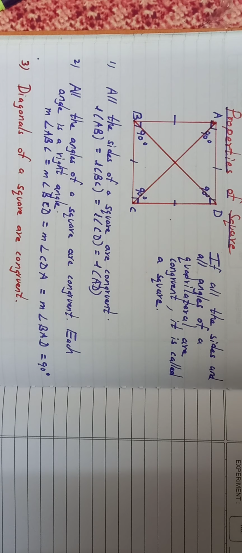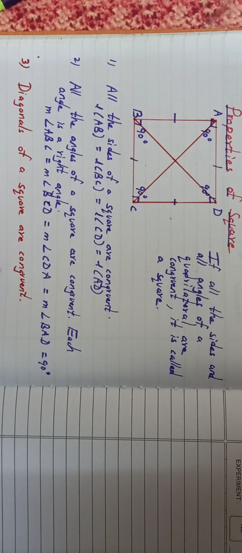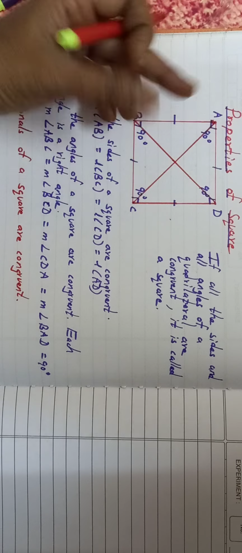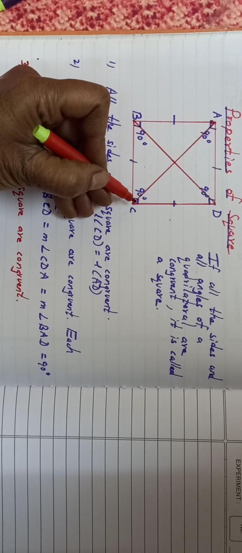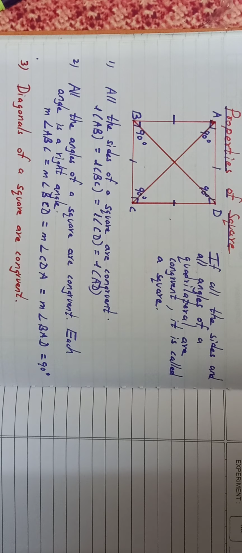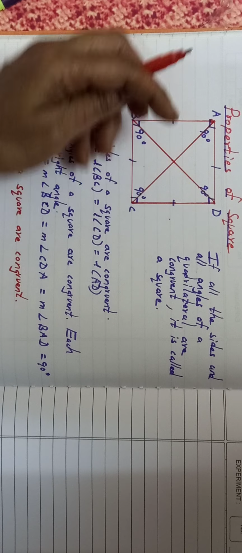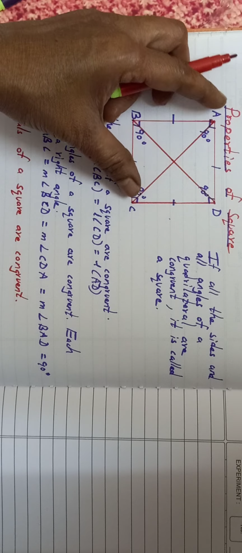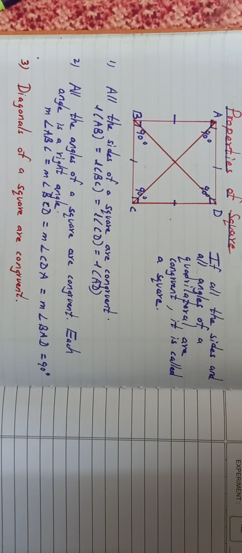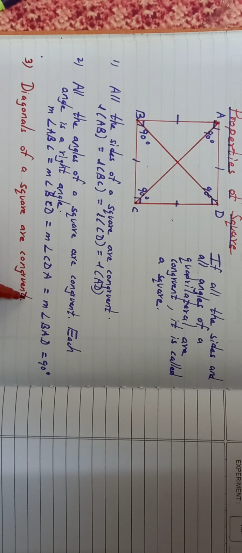The next property: diagonals of a square are congruent. It means, see here, AC is the diagonal, joining the opposite vertices. A is opposite to C and vertex B is opposite to vertex D. So the diagonals are formed like this. So this diagonal AC is congruent to diagonal BD. This is a very important property of a square.